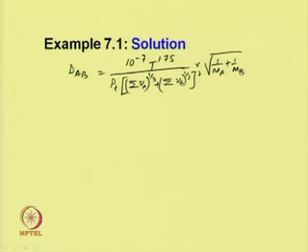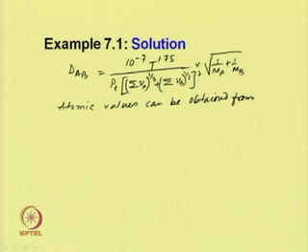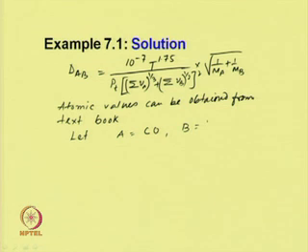So, the atomic volumes can be obtained from the textbook. Let us consider A is equal to carbon monoxide and B is equal to hydrogen.